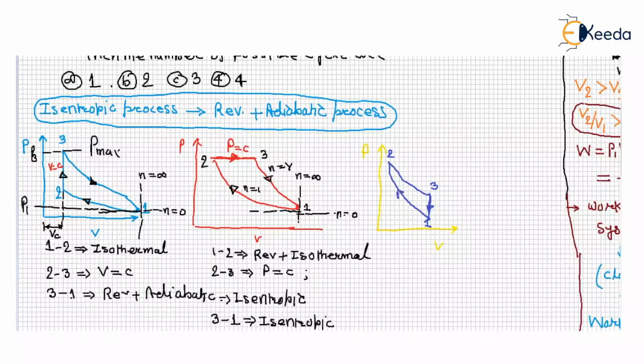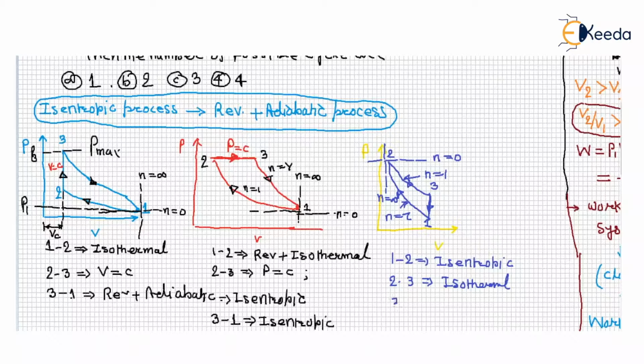This is your process cycle. You put here the cross mark. So this is your n equal to 0, n equal to infinite. This is your n equal to 1 and this is your n equal to gamma. So in this case 1 to 2 isentropic, 2 to 3 isothermal, 3 to 1 volume constant.